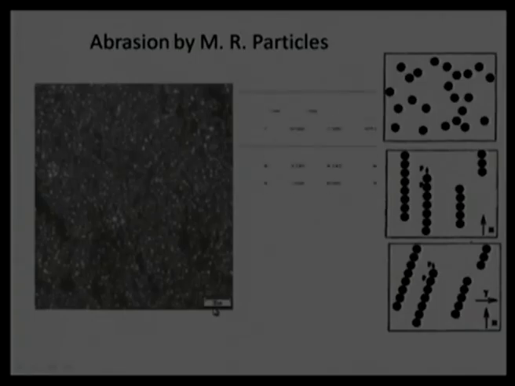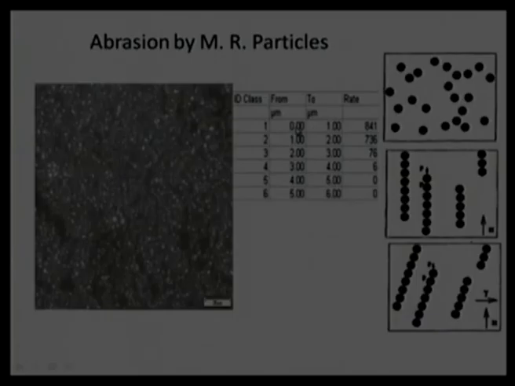If we see the particle distribution: 0 to 1 micron, around 841 particles in one batch; 1 to 2 micron, around 736; 2 to 3 micron, 76; and 3 to 4 micron, only 6 particles. Beyond this size, there is no particle.